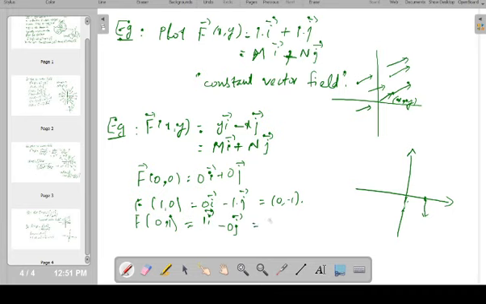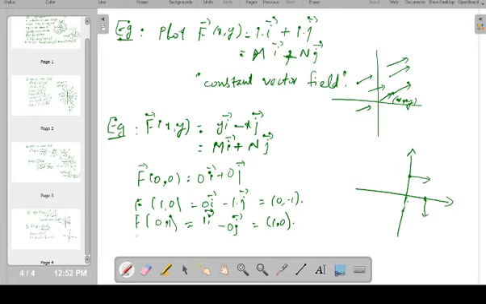So it is 1 comma 0. So at the point 0 comma 1, I have to plot the vector 1 comma 0. What is 1 comma 0? It is this vector. So translate this vector to this point without changing its magnitude and direction. So you will get like this.